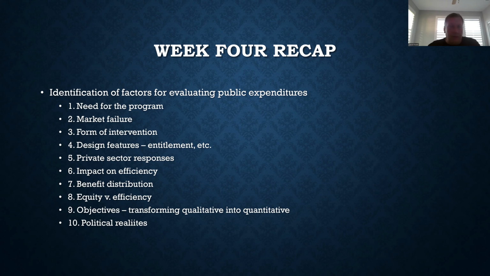So if people expect that this is something they're going to get from government, and then you try to privatize it, politically, that could be a difficult sell to voters because they're expecting to get it from government. If it's something that historically has been done by the private sector and then government comes in to start providing and producing that good or service, then you're probably also going to have some resistance on the part of voters because that's not the way it's always been done.